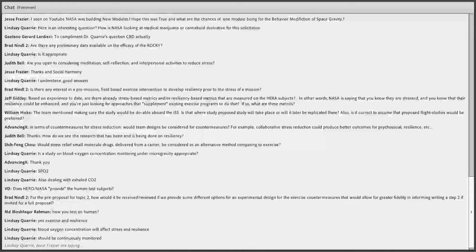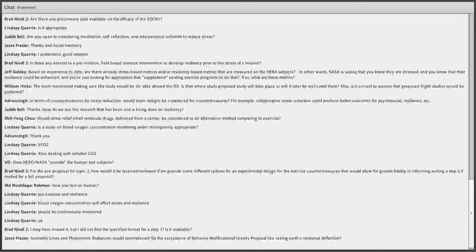Brad asked a question: did not find a specific format for the Step 1, is it available? Yes, the requirements for the Step 1 are delineated in the call. It's a 5-page requirement for the document. We're looking up the exact place right now.